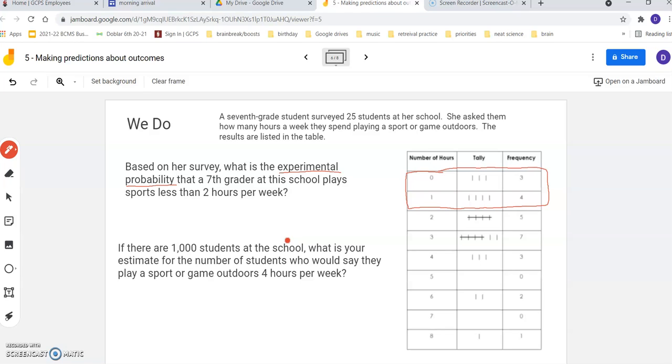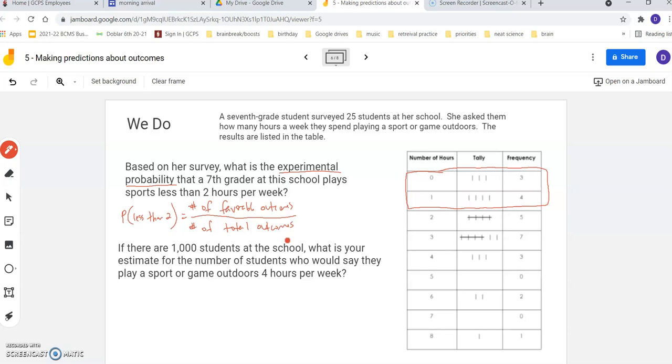So remember, for any probability, in this case, the probability of less than 2, the probability of that outcome is the number of favorable outcomes out of the number of total outcomes.